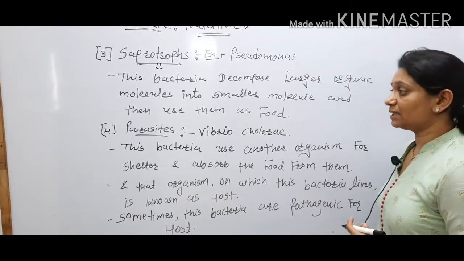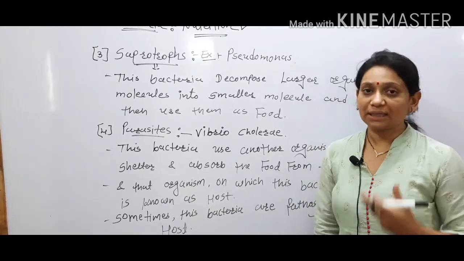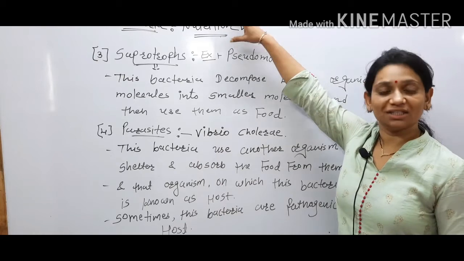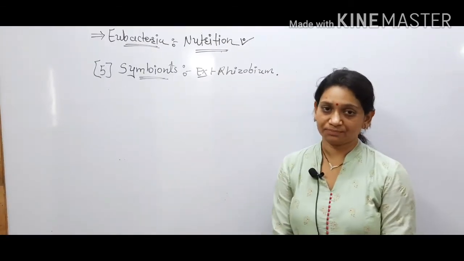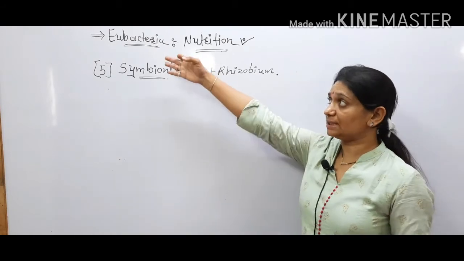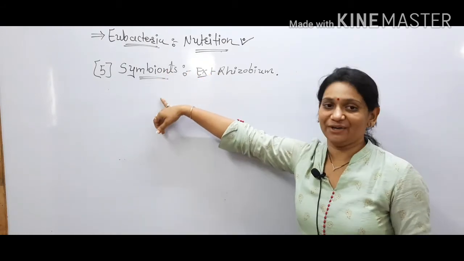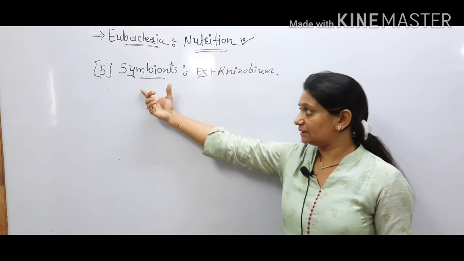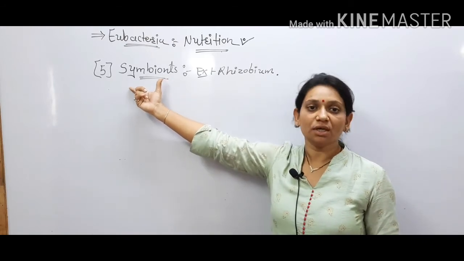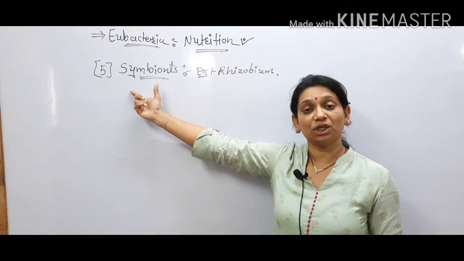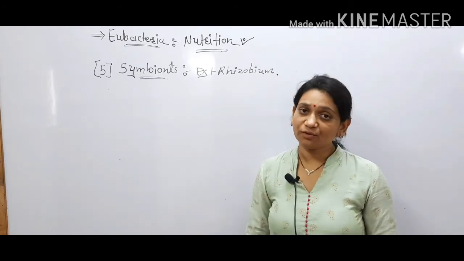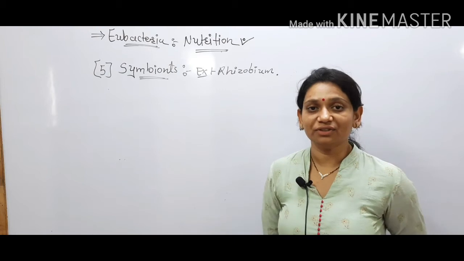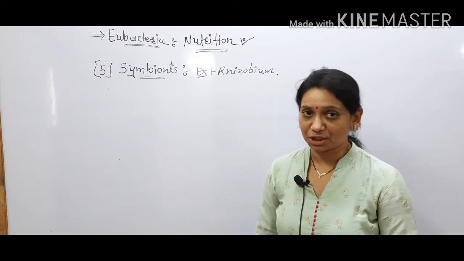Now there is one last type on the basis of nutrition. They are known as the symbionts. The mode of nutrition in some bacteria is symbiont. These symbionts live in a symbiotic relationship with another organism, so you must know the meaning of a symbiotic relationship.